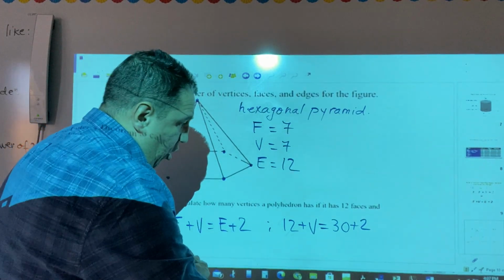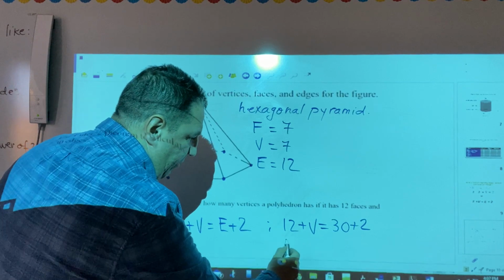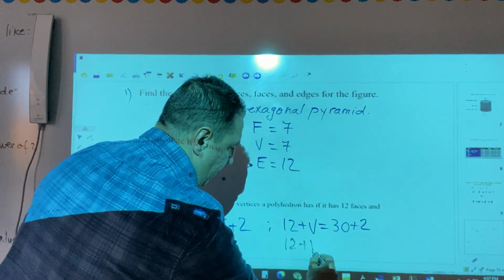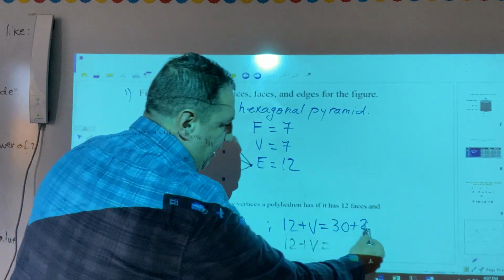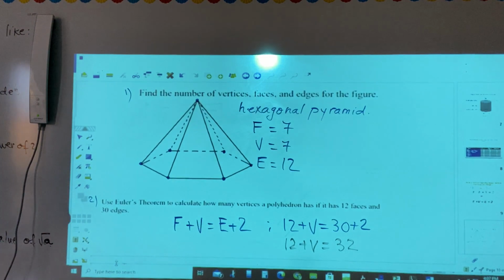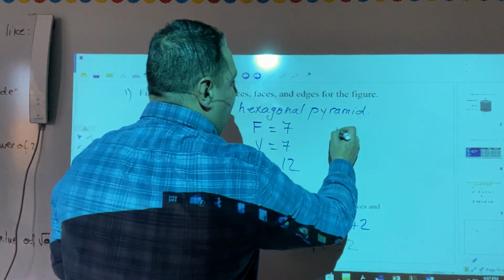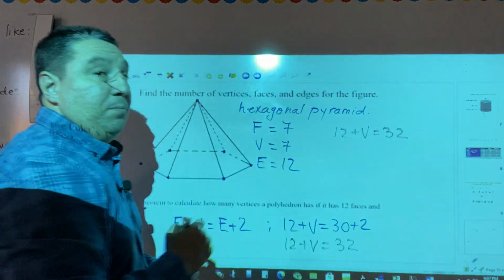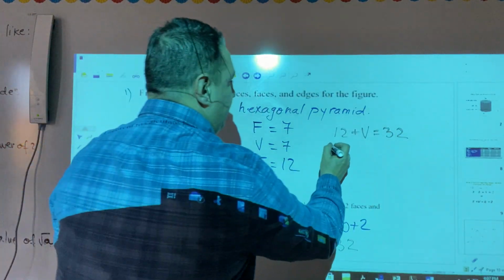Now, we leave the left side as it is, 12 plus V equals 30 plus 2 equals 32. Then we solve for V. To solve for V, we have to subtract 12 on both sides.